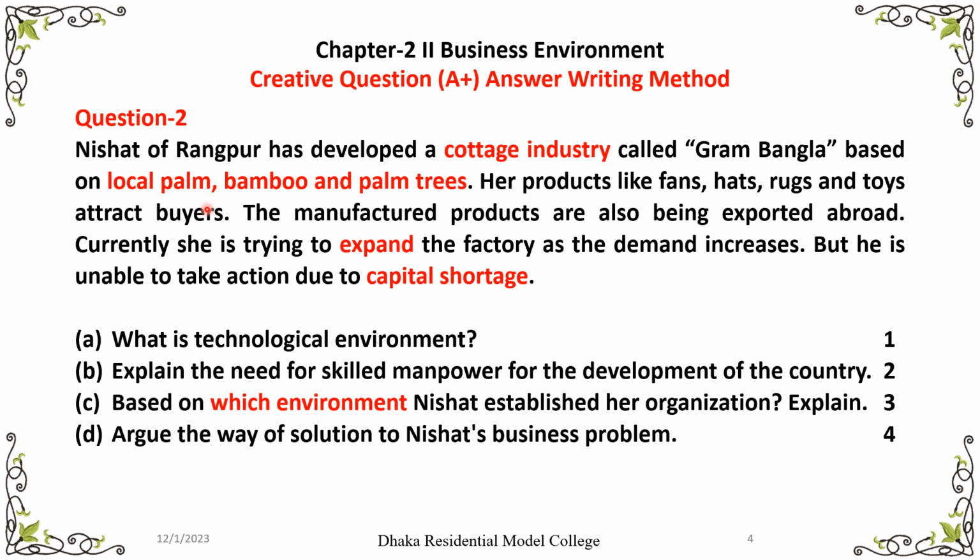Currently, she is trying to expand her factory, but due to a capital shortage, she is unable to expand her business. As capital shortage is an element of economic environment, this financial barrier can be removed by banks or other financial institutions, which are elements of economic environment. So Nishat's business problems will be solved through economic environment.